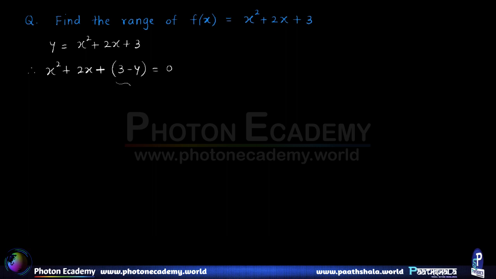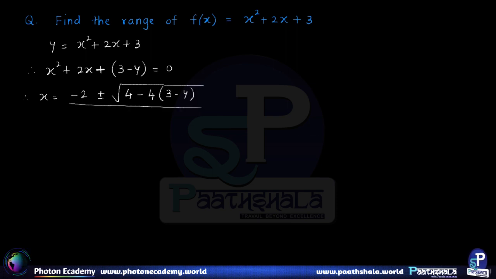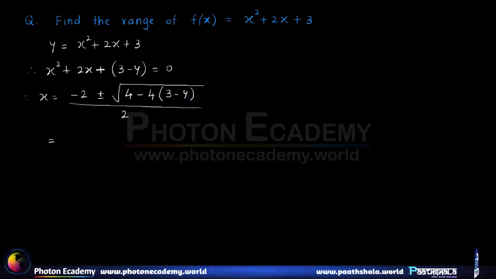So 3 minus y will be treated as a constant term from the perspective of x. Now to calculate x, we use the well-known quadratic formula, that is minus b plus or minus square root of b square minus 4ac, divided by 2a.